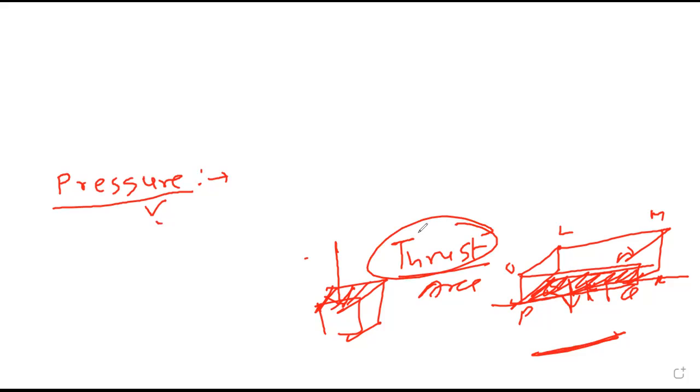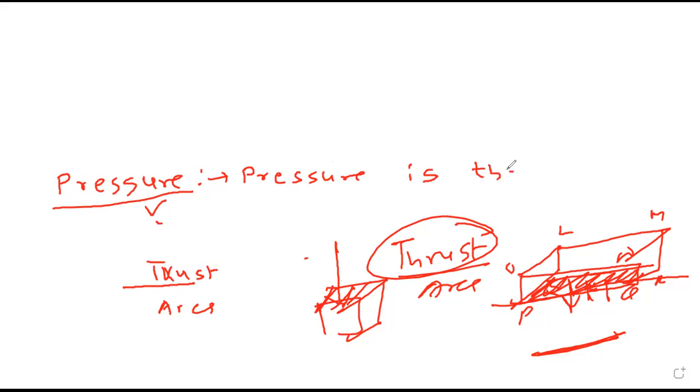So thrust per unit area is called pressure. What is pressure? Thrust upon area.